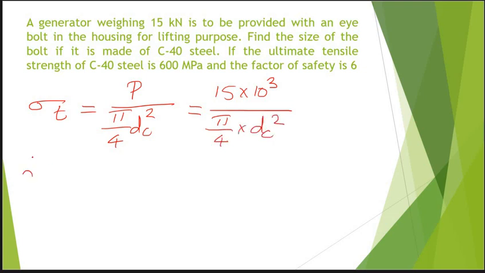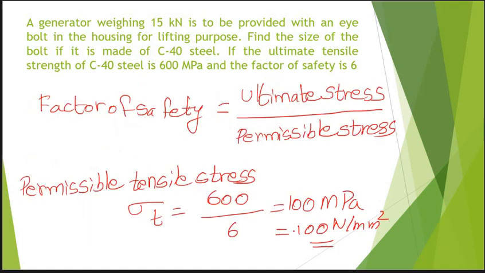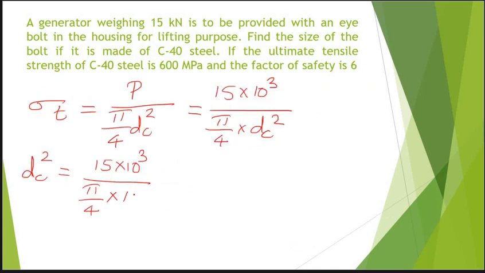So we have dc square is equal to 15 into 10 raised to 3 divided by pi by 4 into sigma T. The value of sigma T we have obtained as 100 Newton per mm square.